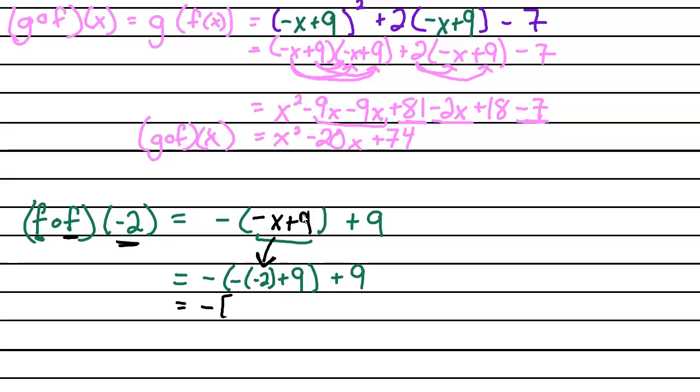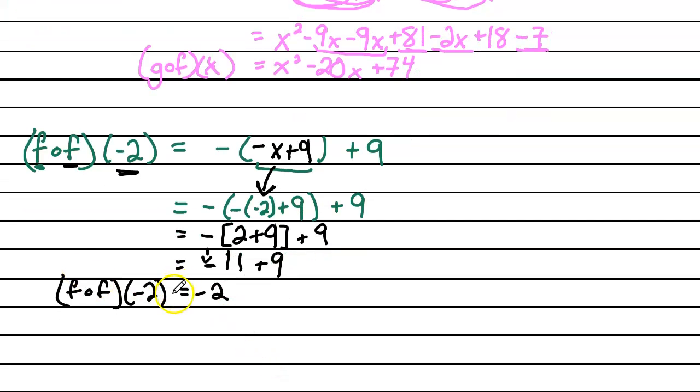And then I start solving. So the opposite of negative 2 is 2, plus 9. So 9 plus 2 is 11. Notice I'm still carrying down this negative sign out here. So negative 11 plus 9 would give me a negative 2. So f of negative 2 happens to be a negative 2.